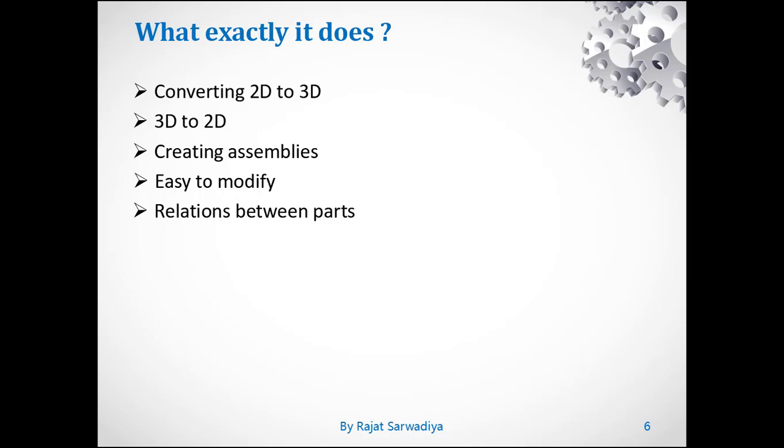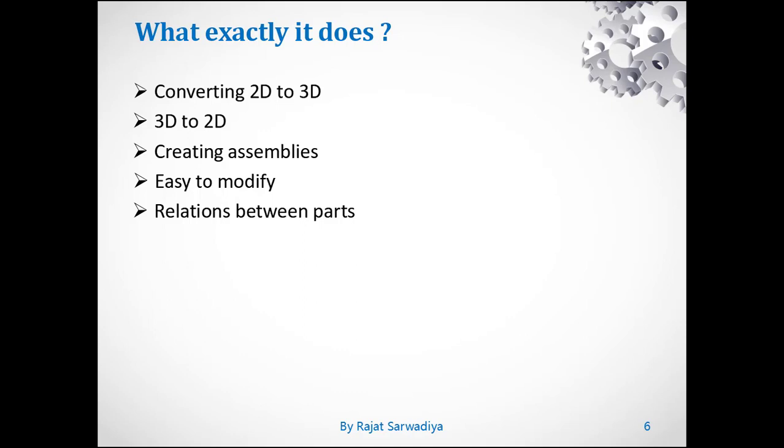Relations between parts. Say in your particular design of a machine or any assembly, you are using nuts and bolts. So you can provide the relation between nut and bolt so that if you modify a parameter of any of the parts, say you are modifying the parameter for the nut, then the parameter for the respective bolt will automatically be updated.